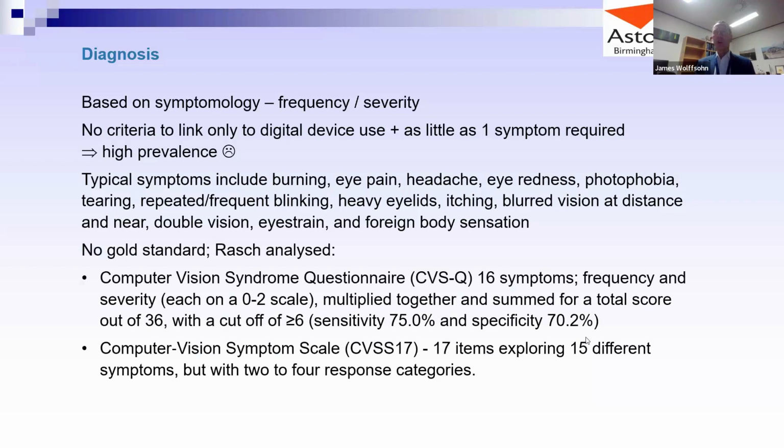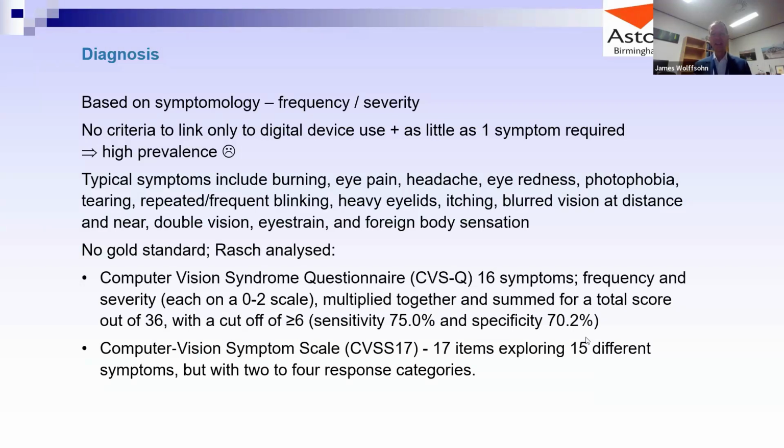So there's no real gold standard to compare this to when you're developing a questionnaire, and only 2 of the questionnaires that have been developed, the CVSQ and also this computer vision syndrome scale, CVSS17, with 17 items, but a bit more variable in terms of its response categories, have been Rasch analyzed.